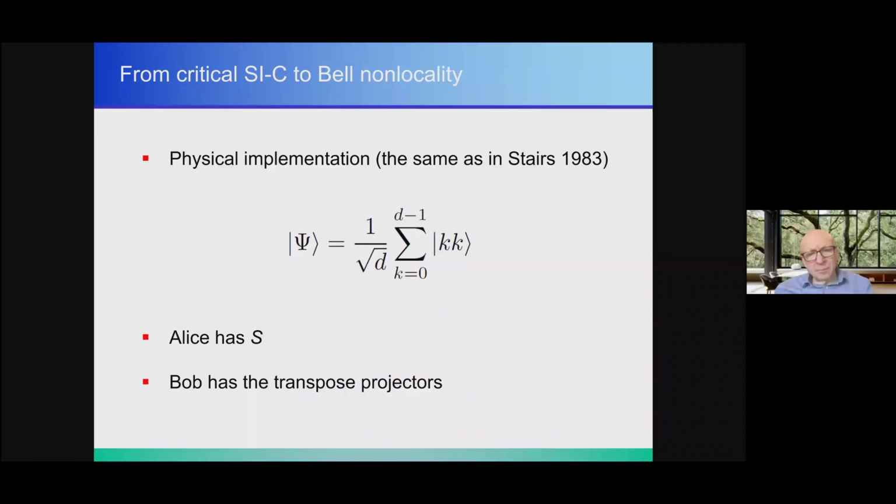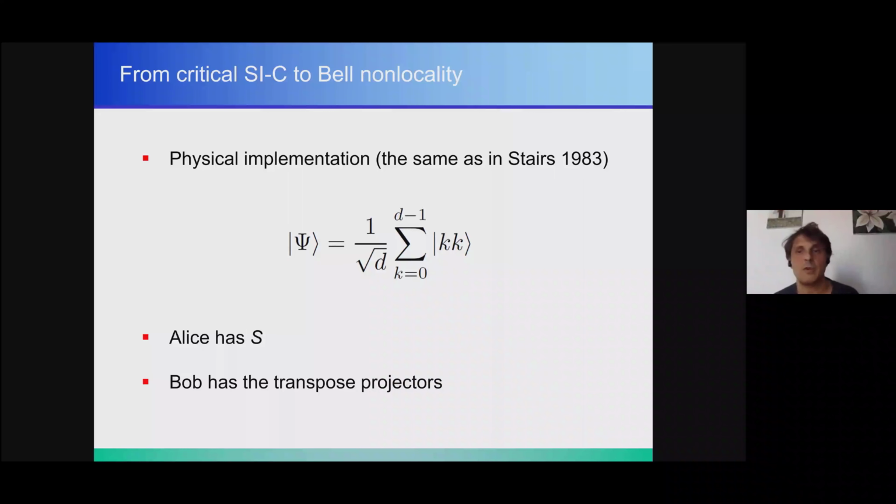Then Alice can measure the elements of this set of projectors, while Bob can measure the transposed projectors. This is the same Bob used many times before.